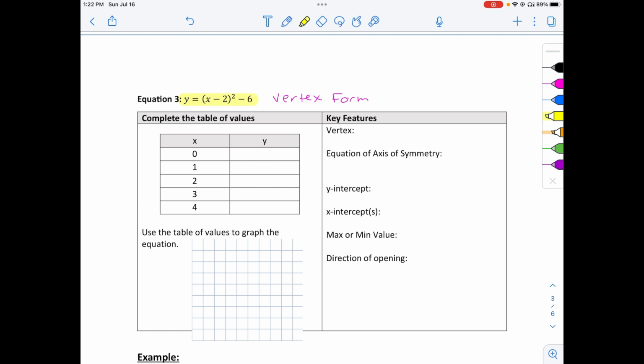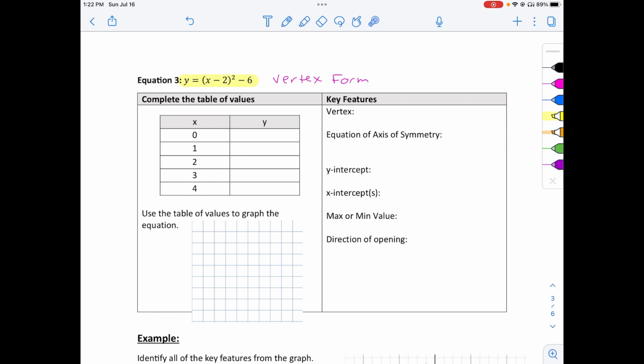Okay, so again, we are going to complete the table of values. My x values are going from 0 to 4 again. And we're paying attention to the equation because, again, we need to follow order of operations, BEDMAS. So we have x subtract 2 within the bracket, so we need to do that first. Then square, then subtract 6. Okay, so when x is equal to 0, we will have 0 subtract 2 squared, then subtract 6.